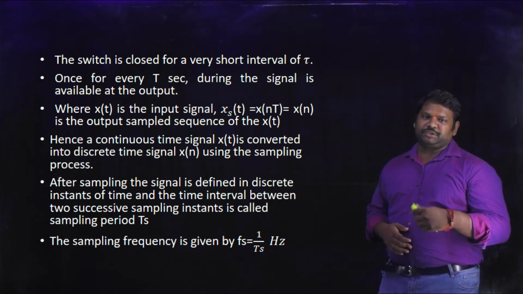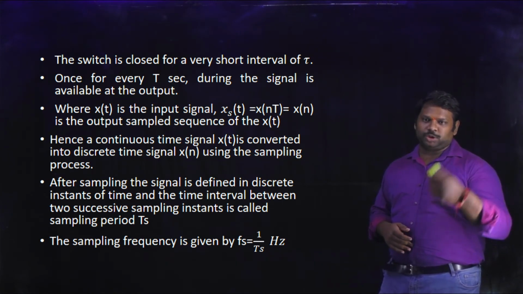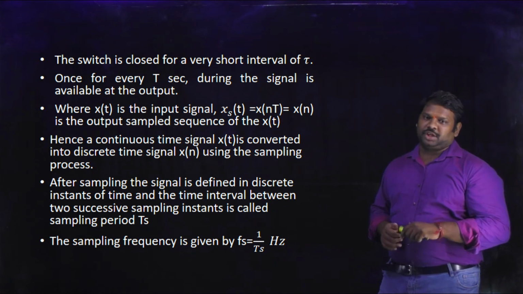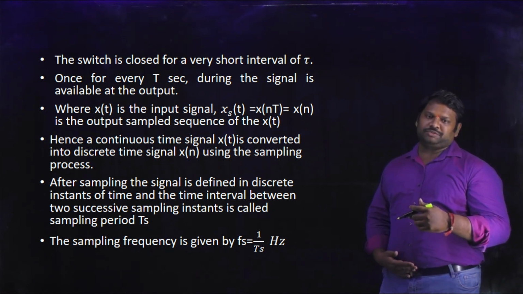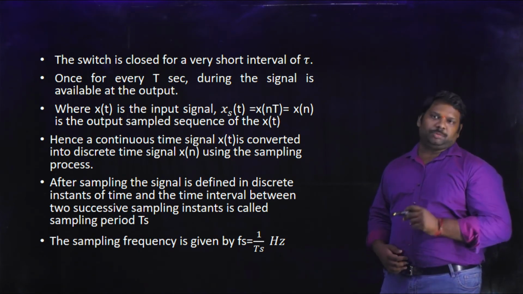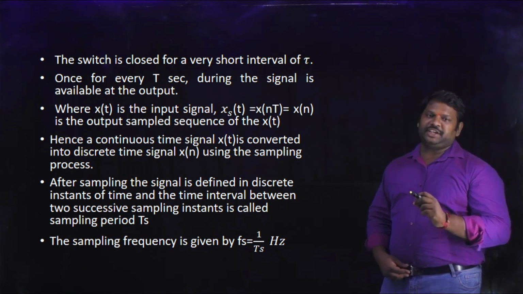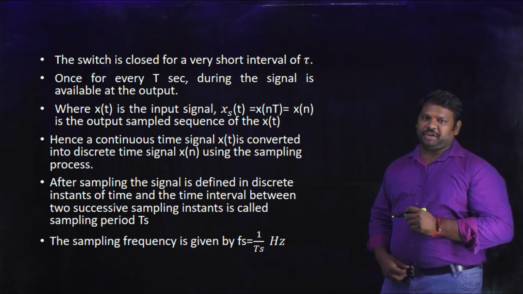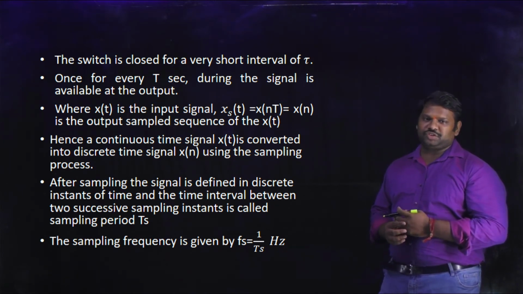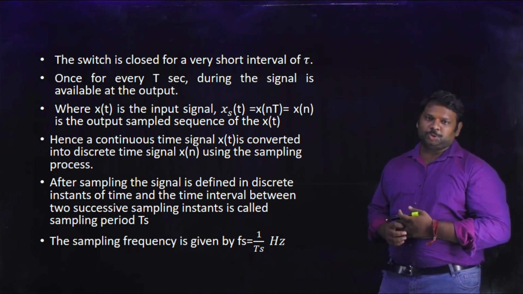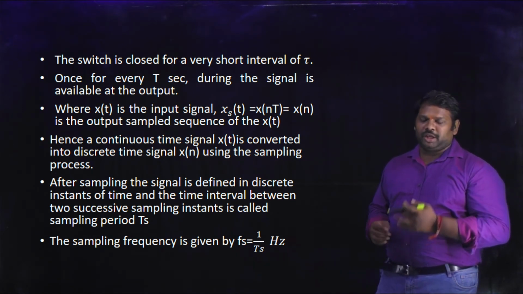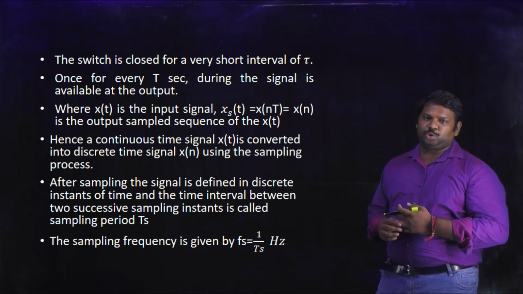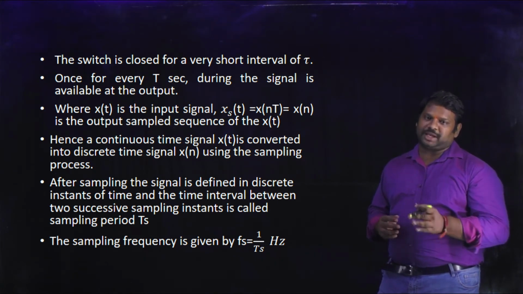Then the sampling frequency is given by Fs is equal to 1 by TS. This sampling frequency is nothing but at what range of frequency the switch will be operated. The sampling frequency is defined as 1 by Ts, and Ts is nothing but the sampling interval. It is the interval between two successive samples.